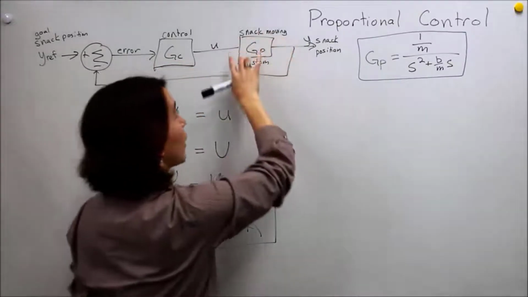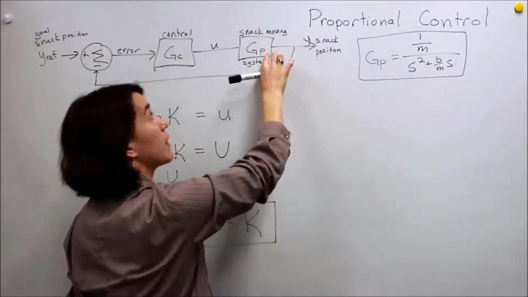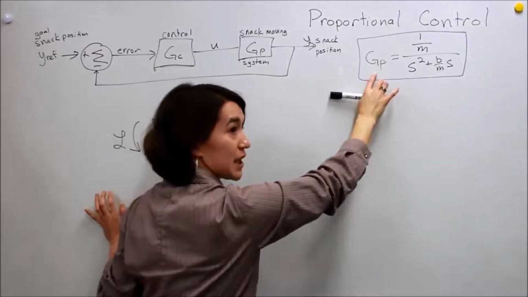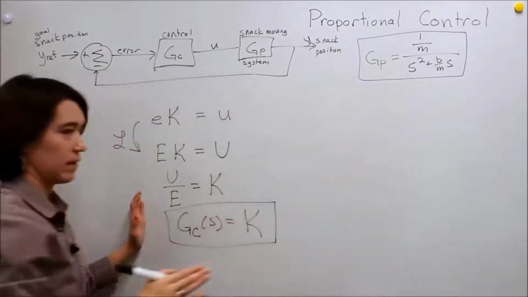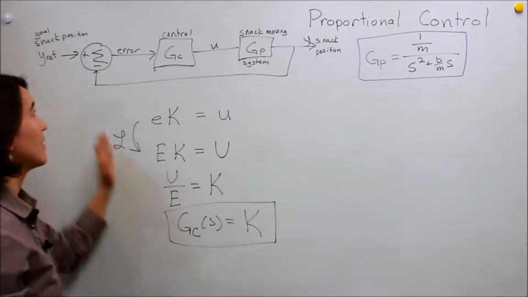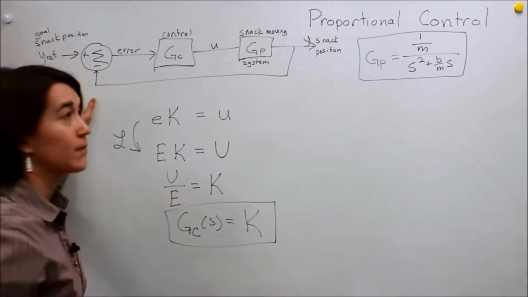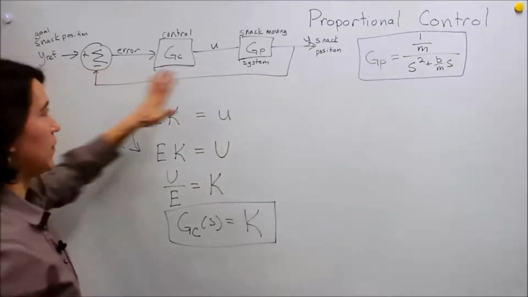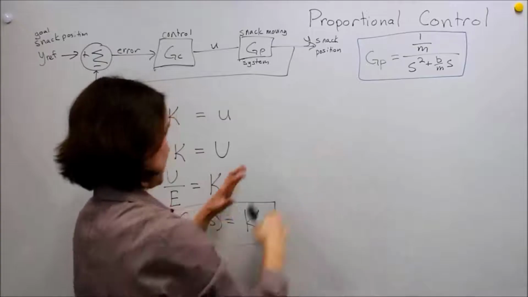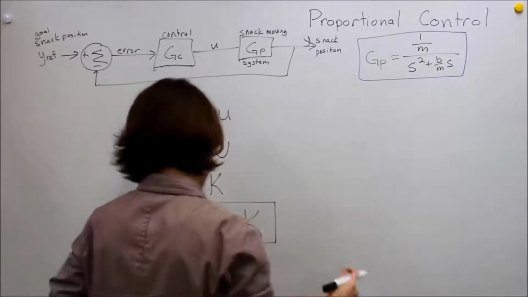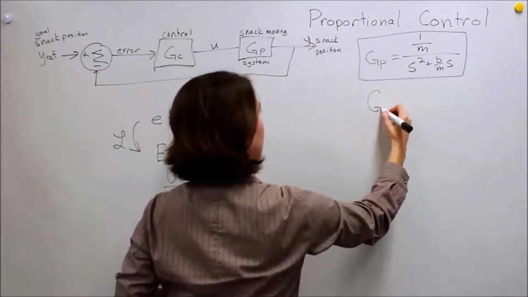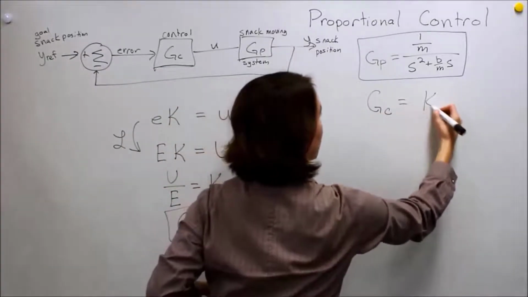And then we have our transfer function for our system, our snack moving system, which I've rewritten here. Now we want to look at the whole system transfer function. With the feedback, if you remember, we have to look at a new system.